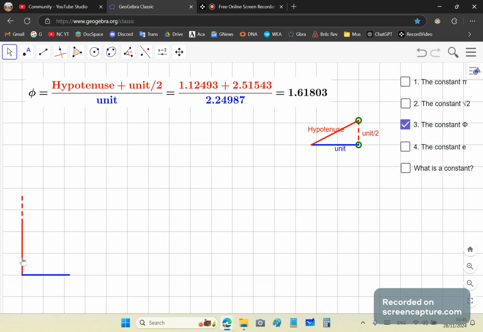In other words, this red line is measured by this blue line. Okay, so if you had to find the values here and add them up, as I show you here, it's 1.124 and the solid one is 2.515, and the blue is that one. And if you do the measure, it'll come to approximately 1.61083.